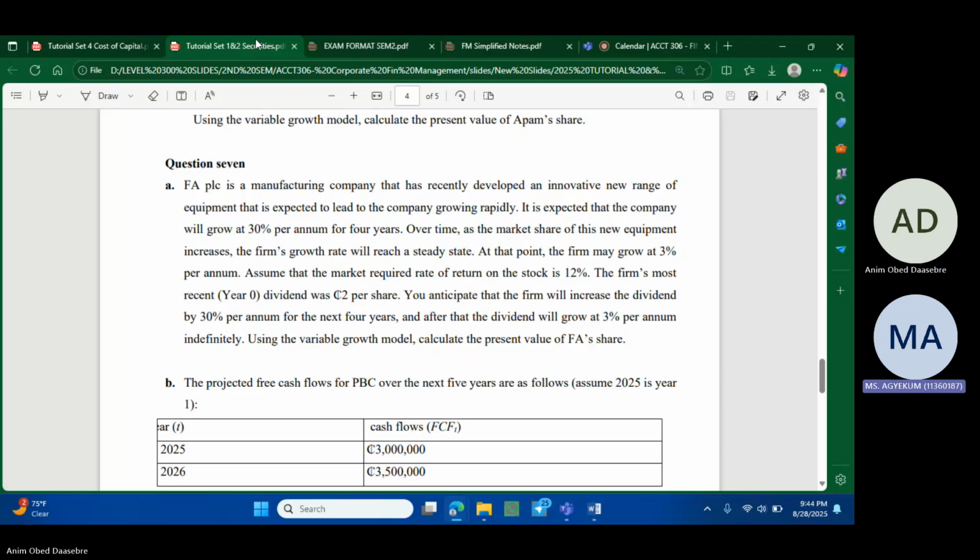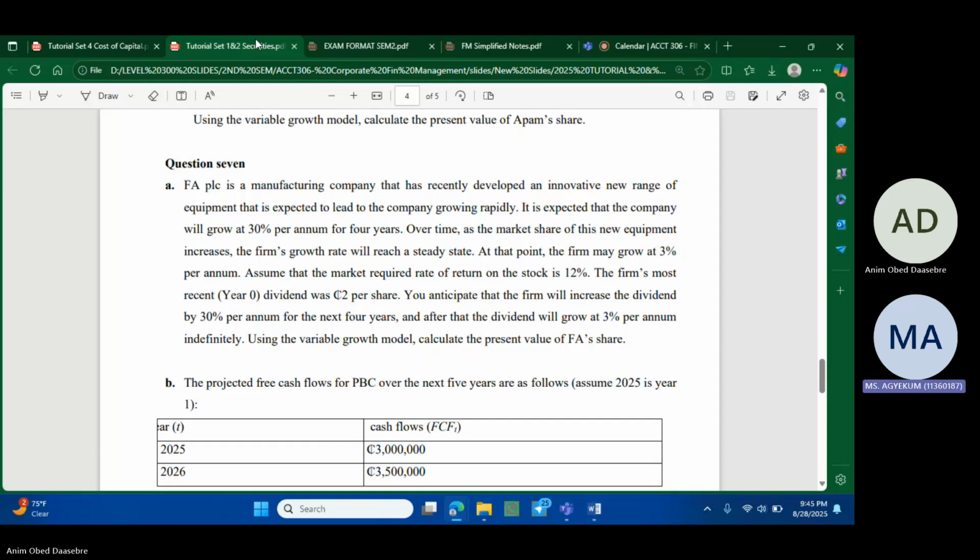At that point, the firm may grow at 3% per annum. Assume that the market required rate of return on the stock is 12%. The firm's most recent year zero dividend was 2 cedis per share.